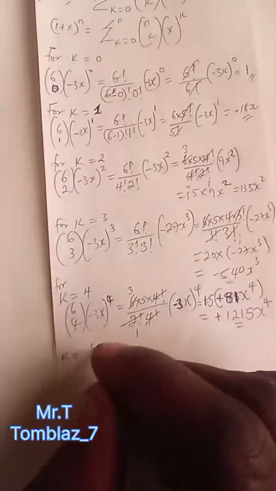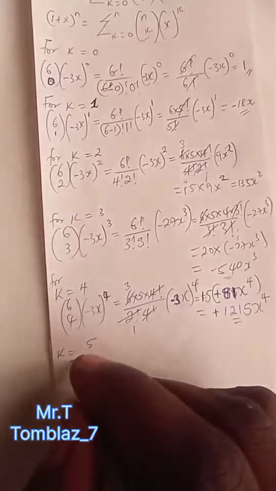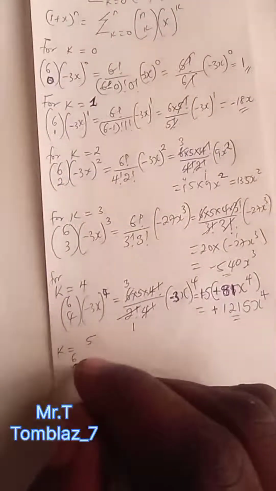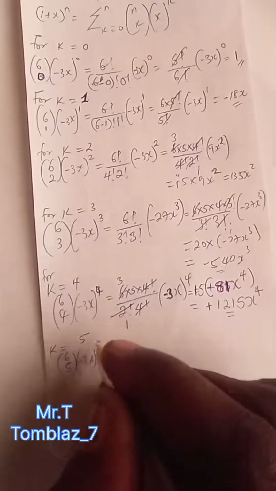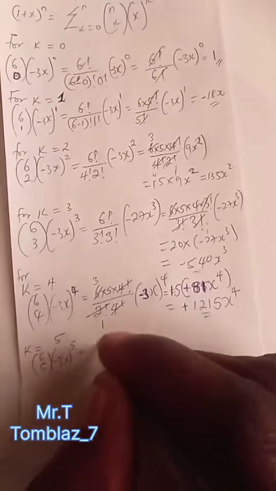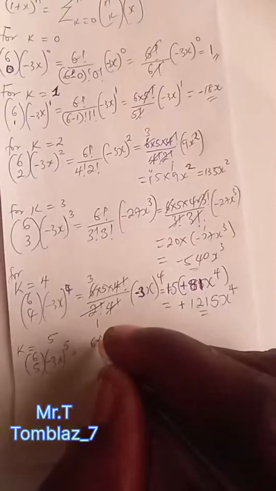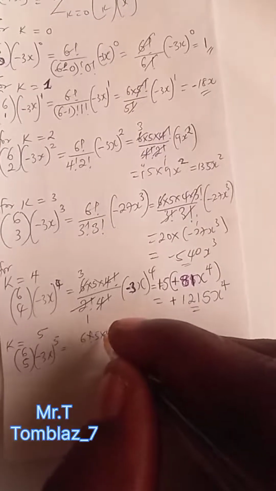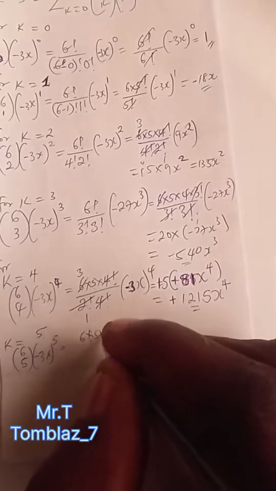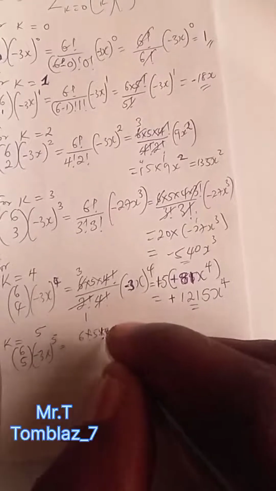Then when k is equal to 5, we're going to be having 6 combination 5, and then we have minus 3x raised to the power of 5. So we have 6 factorial, that's going to be 6 times 5 factorial, right?